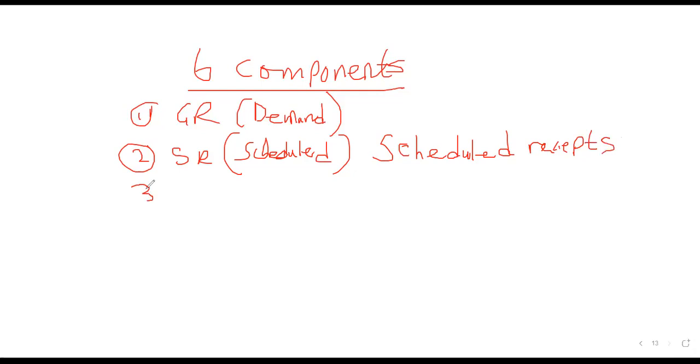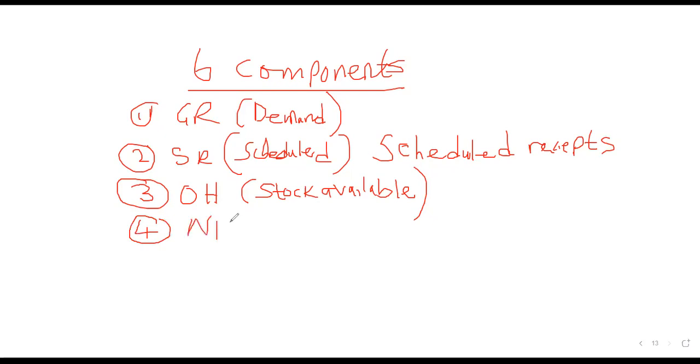This is the order in which they're supposed to be, on hand, which is the same as stock available. So as we prepare MRP, this is the order in which we need to follow. Then number 4, we have the aspect of net requirements. These are shortage units, that is number 4.